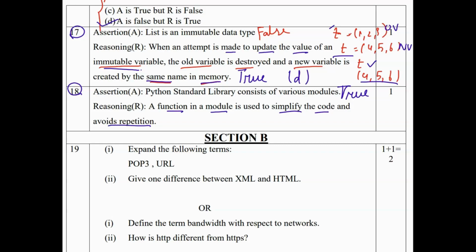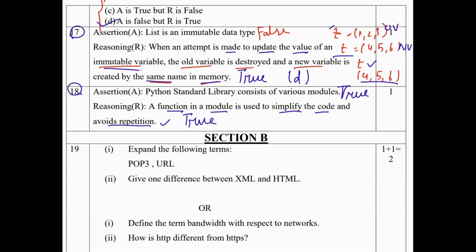Yes, this is also true. The function is for what? To simplify the code and to avoid repetition. Whenever a function is called, it makes our code faster and easier, so as to avoid repetition. That is the role of a function. So here also it is true.